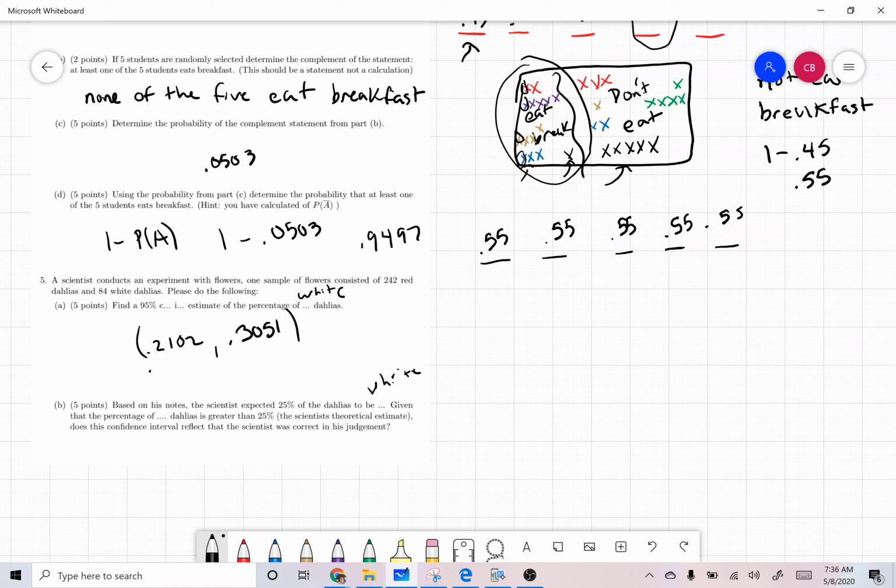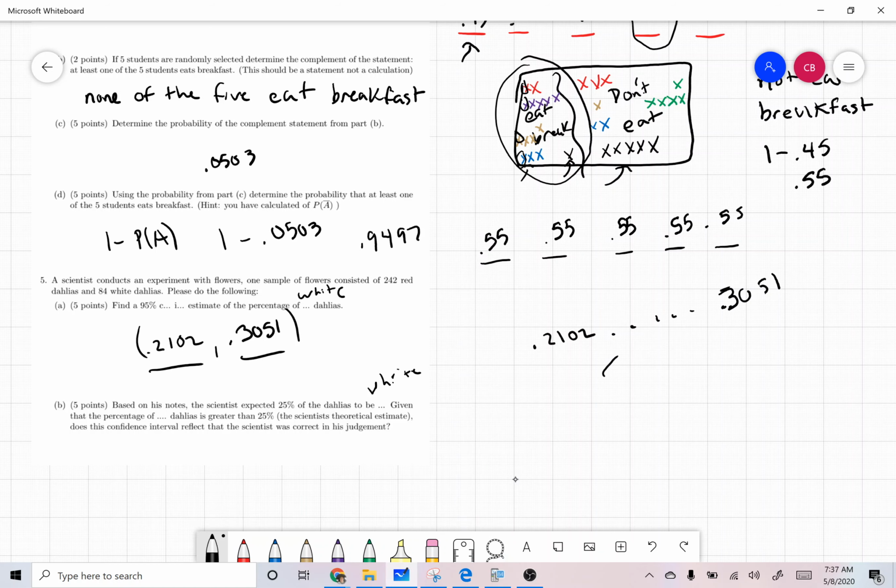If we look, this is the range, from that number up until 0.3051.